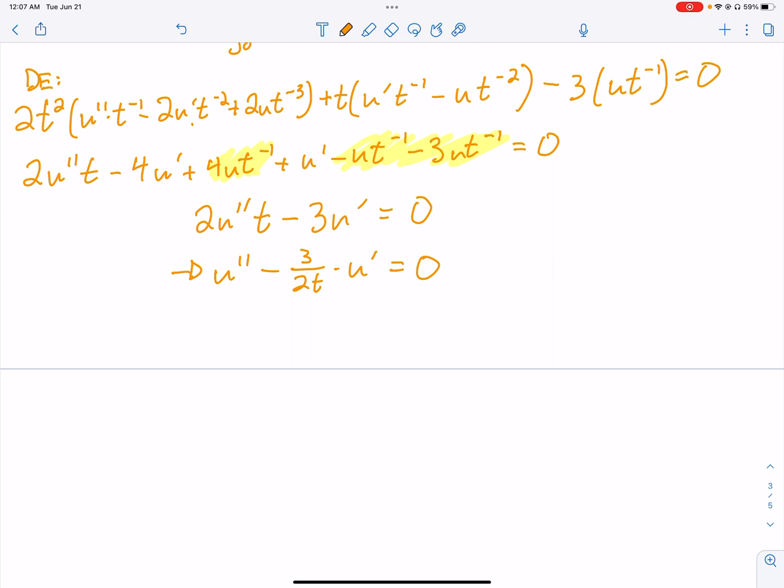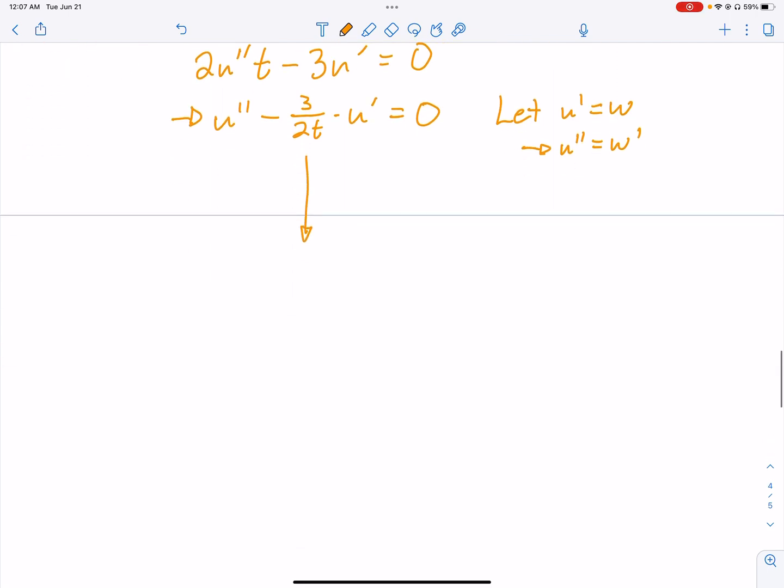Okay, what I mean by that is we're going to say let u prime equal w. Then u double prime is equal to w prime. So I'm going to make those substitutions. All right, so that is w prime minus 3 over 2t times w equals 0.